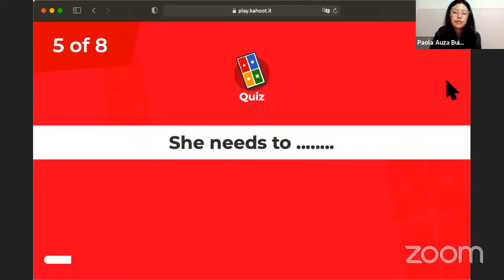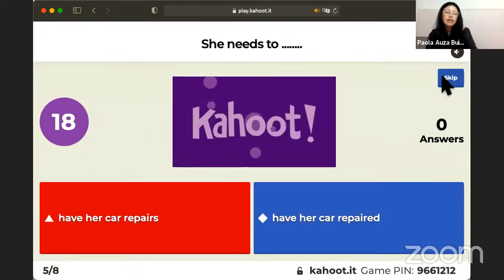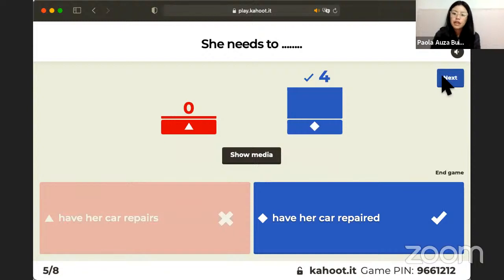Next. She needs to have her hair repaired, have her car repaired. Have her car repaired. Have or get, no?